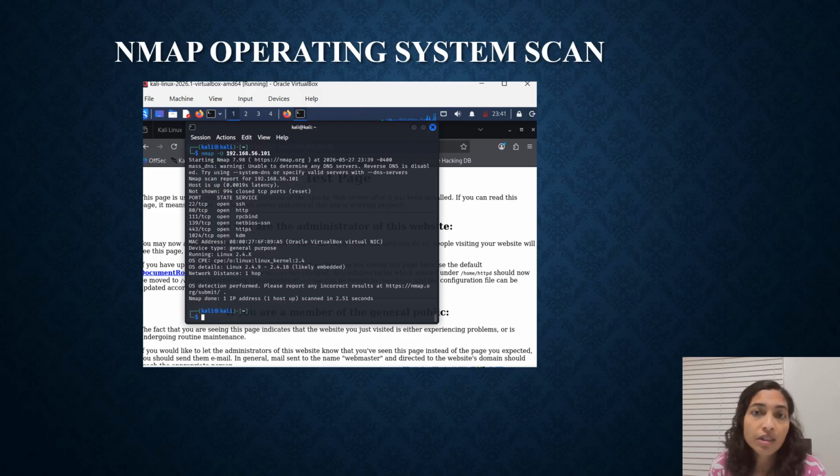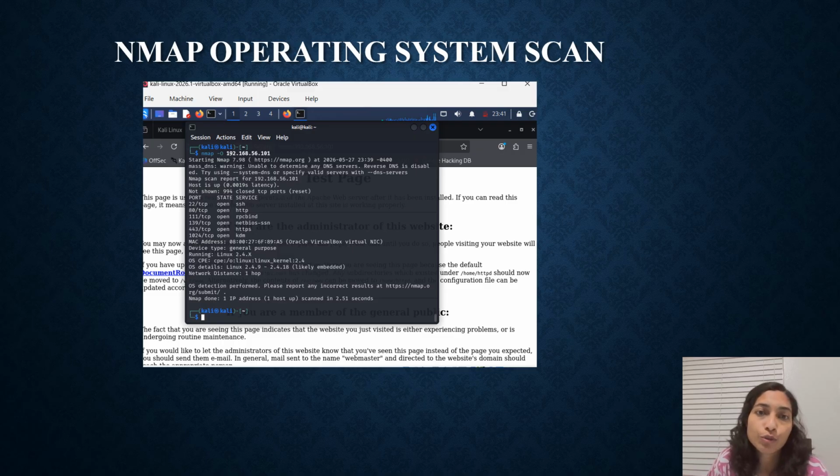It does not give an exact version, but it gives a best estimate somewhere between 2.4.9 and 2.4.18. That range is helpful because older kernels often have well documented weaknesses. So knowing the version helps to guide the rest of the assessment.